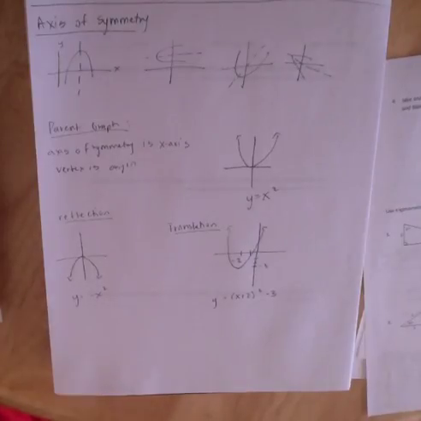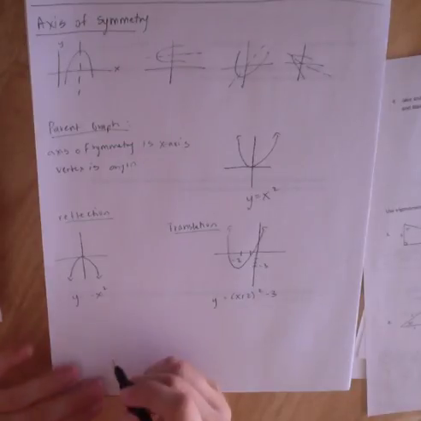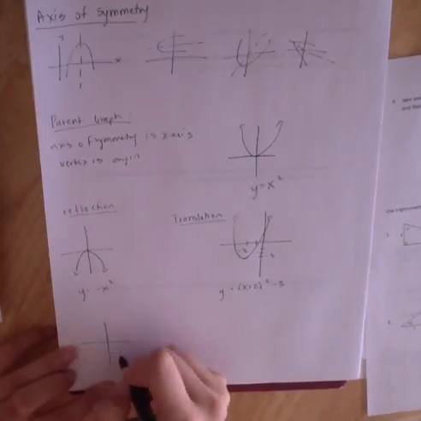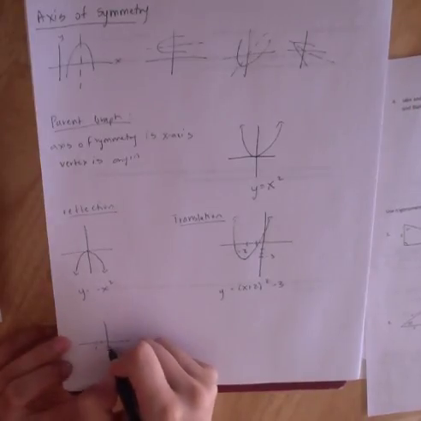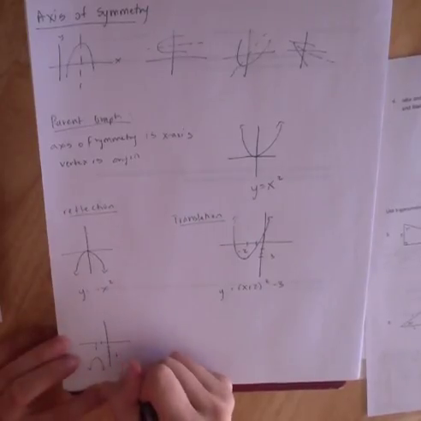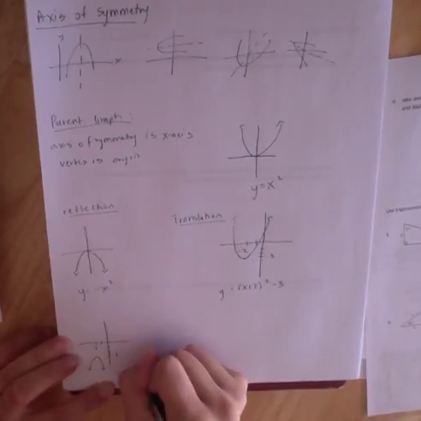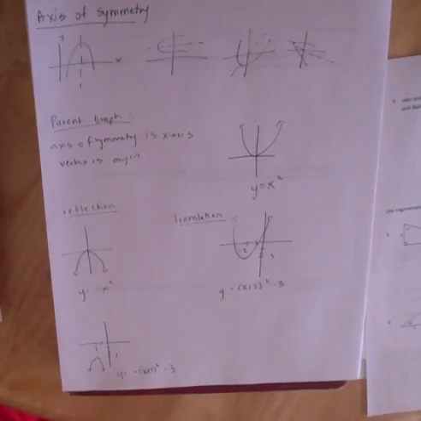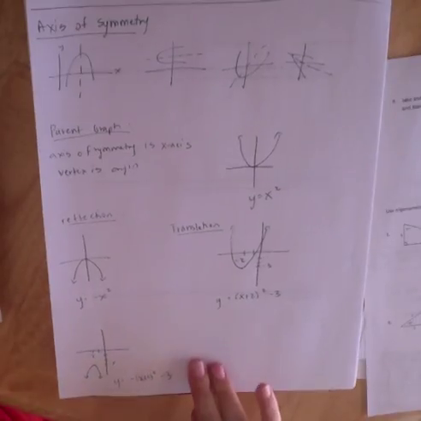The plus 2 is what moves us to the left 2, and the minus 3 is what brings us down 3. We could also do a reflection and a translation, right? Let's look at the same place. If we had y equals negative (x plus 2) squared minus 3. Okay, so these are all the different things that we could have.